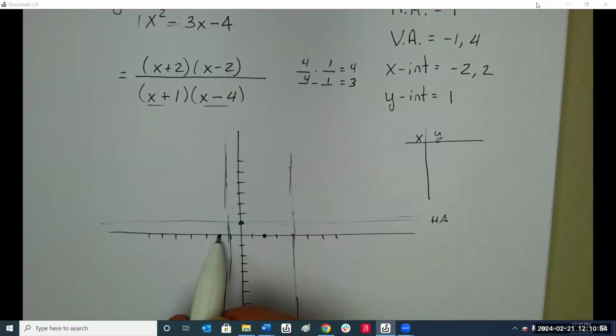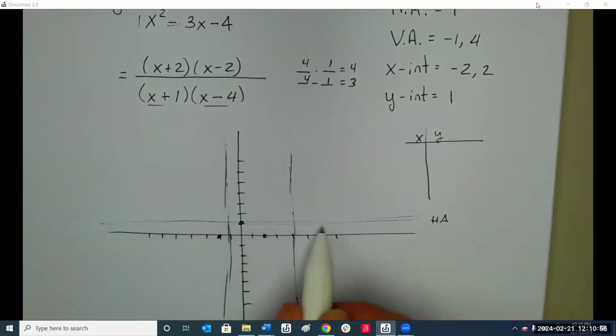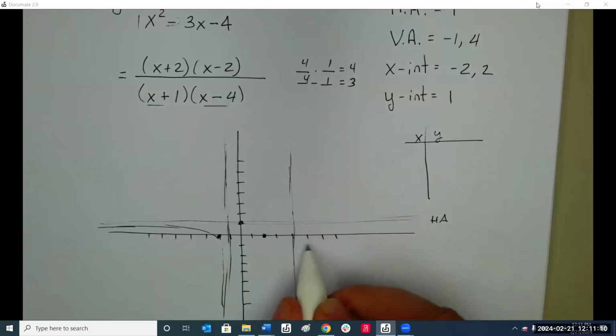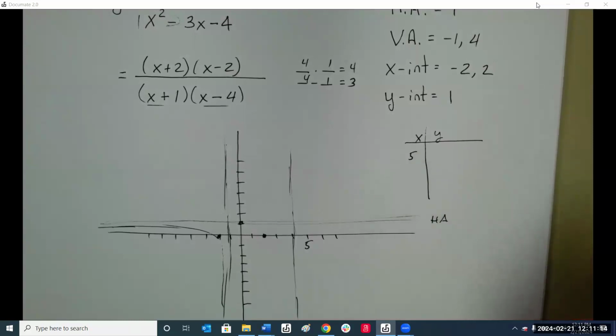Since we know we have one here, and that's an asymptote, what do you think this side looked like? Like that. So let's look at this. 1, 2, 3. Let's look at 5. What happens at 5?